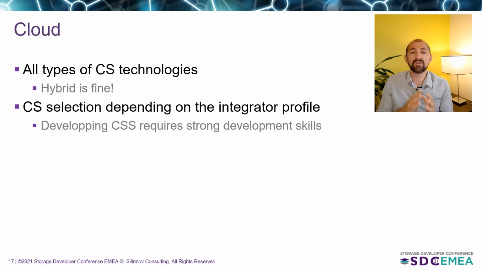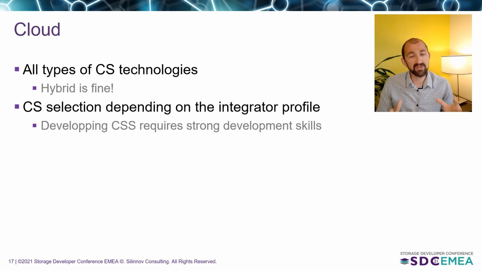I think that for cloud and data center environments, we can use all types of computational storage technologies, and even a hybrid is fine, as we demonstrated in the previous slide. In fact, the selection will be based on the use case and the application, of course, but also on the integrator profile.